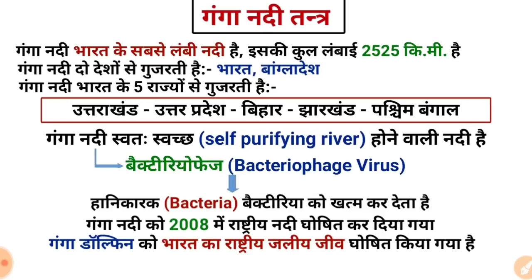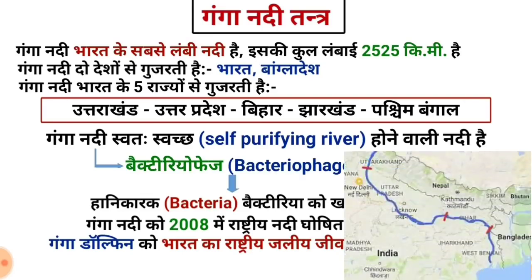So first of all, the Ganga river is the longest river in India, and its total length is 2,525 kilometers. The Ganga river passes through two countries, India and Bangladesh. It originates from Uttarakhand in India.